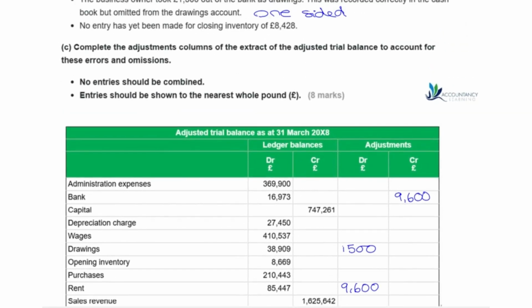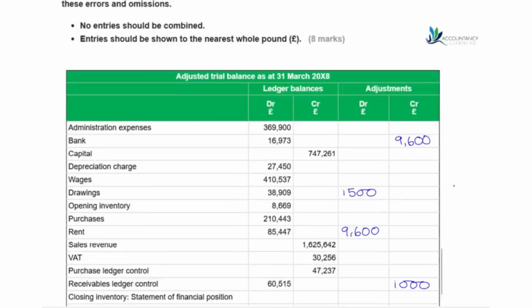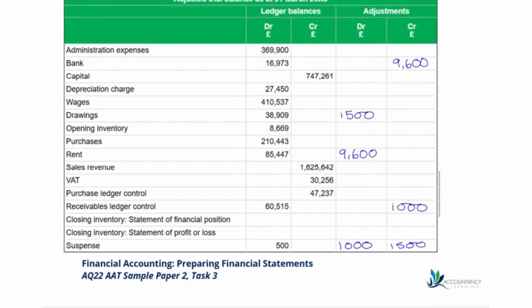And then our last one is that closing inventory of 8,428 hasn't been recorded, no entries have been made. So we've got two entries to make, financial position and profit or loss. It's an asset in our statement of financial position, so that's going to be our debit.